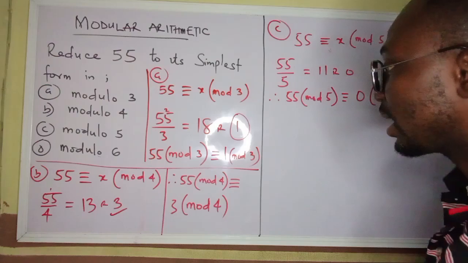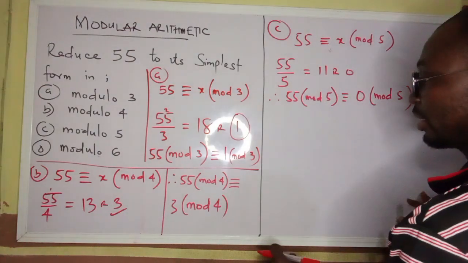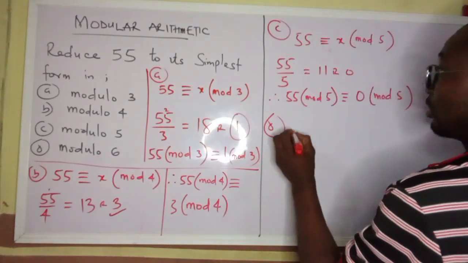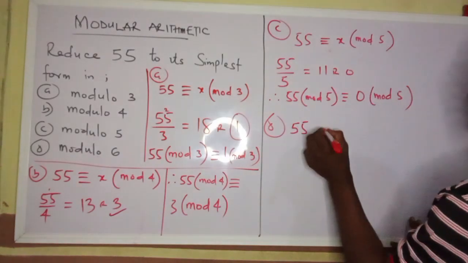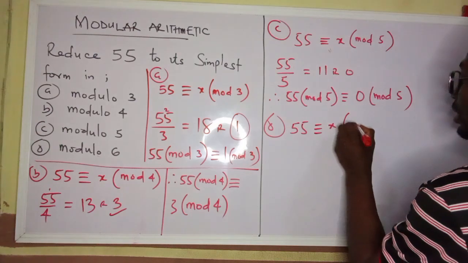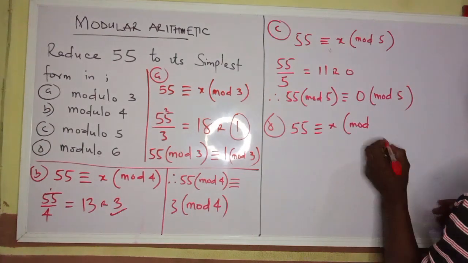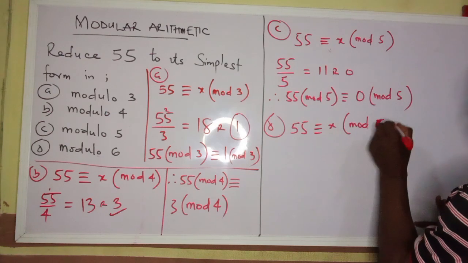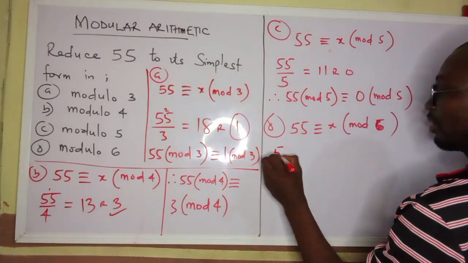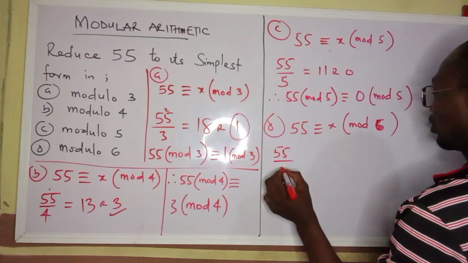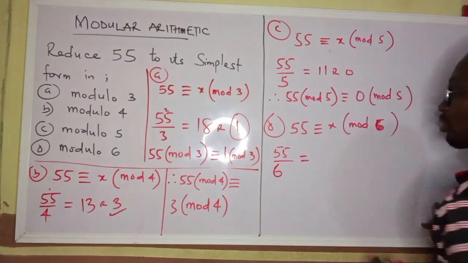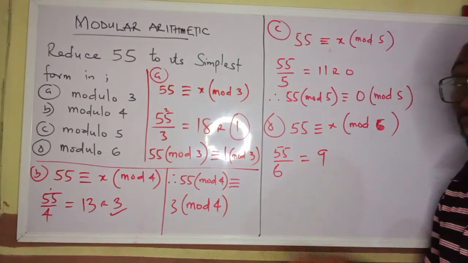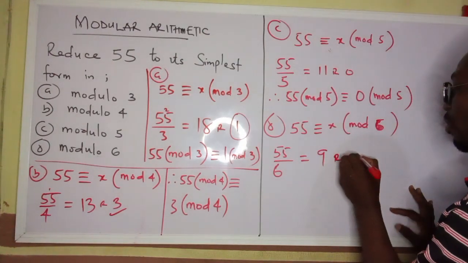Now, the last question, question D. 55 is equivalent to x in modulo 6. 55 divided by 6 is 9, because 9 times 6 is 54, remainder 1.